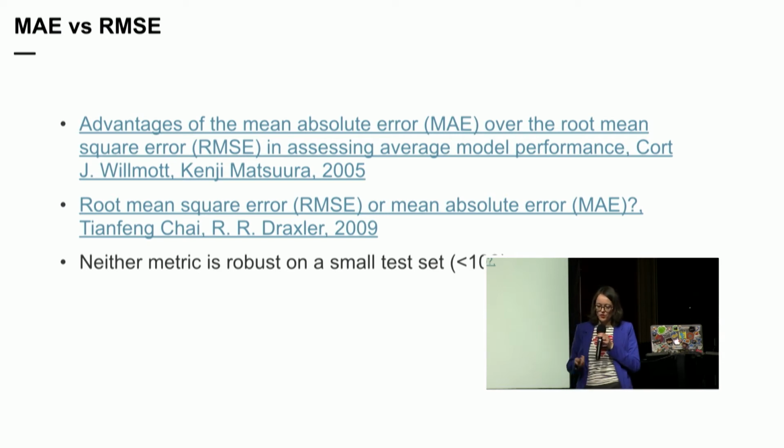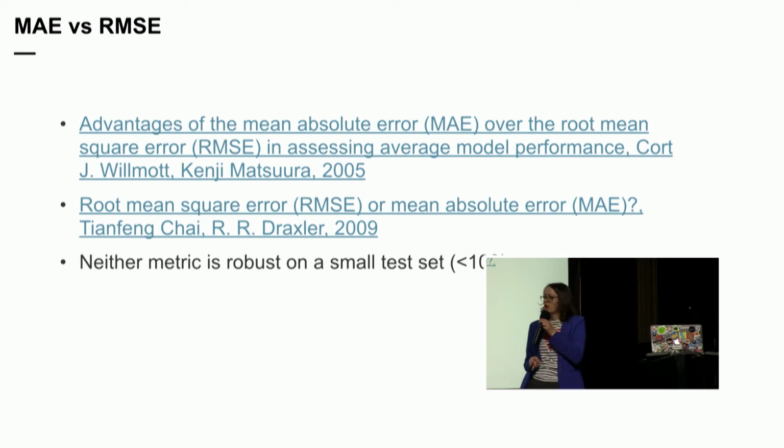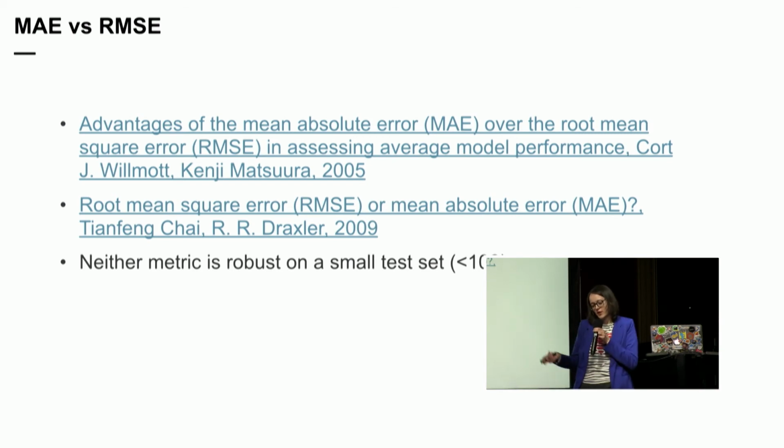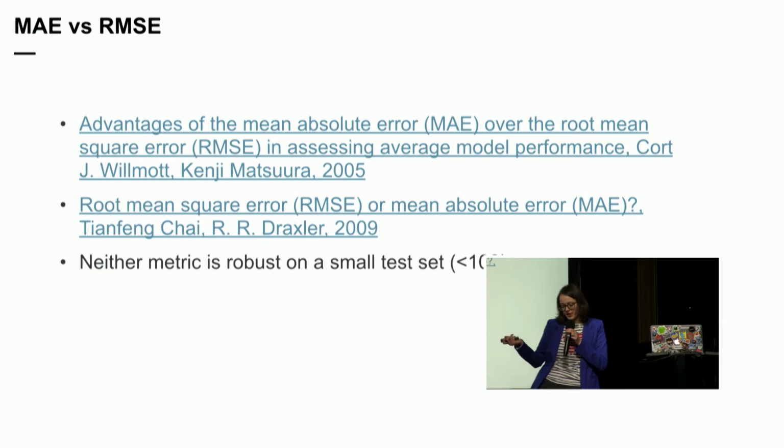And I think that most of them are coming from a paper by Willmott and Matsuura from 2005, where they claimed that RMSE is an inappropriate metric for evaluating the average error. But as it happens, 4 years later, there was another paper that said, well, this is not the case, and RMSE is actually a fine metric if the distribution of the errors is expected to be Gaussian, which is most of the time the case.